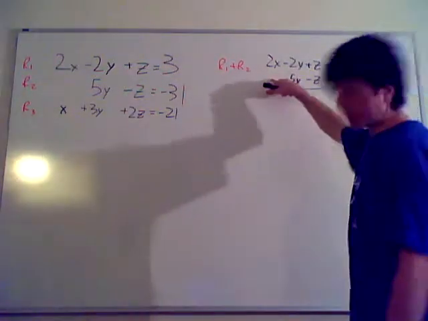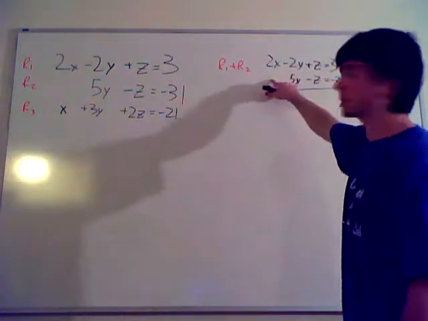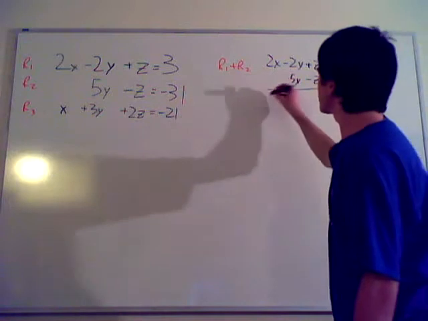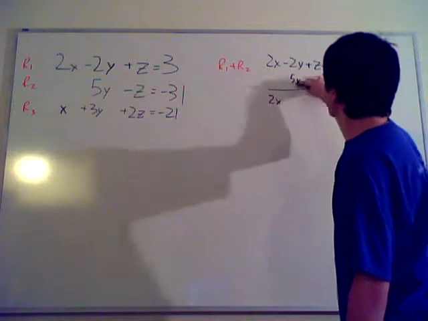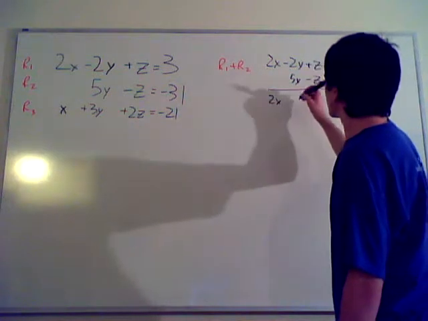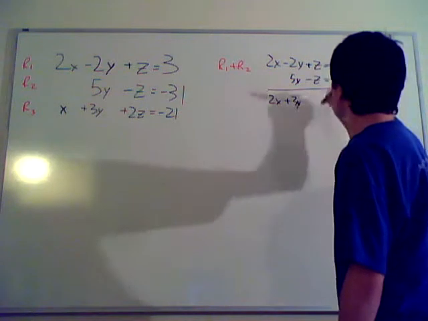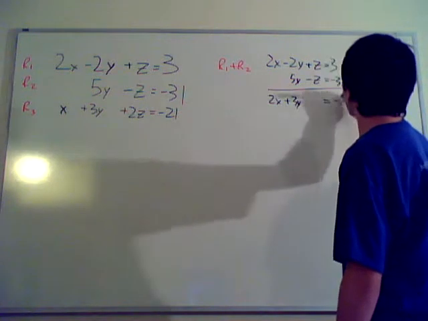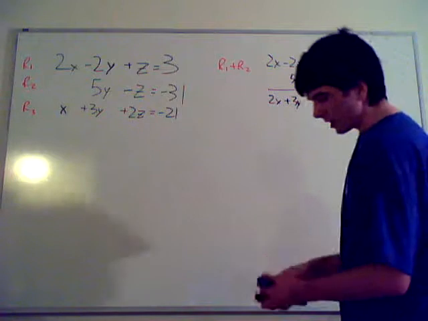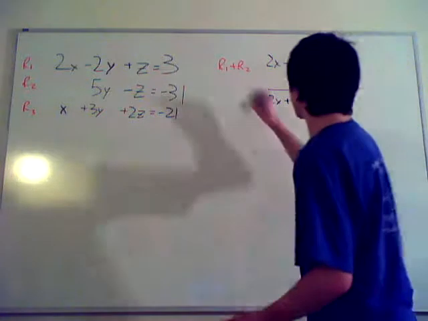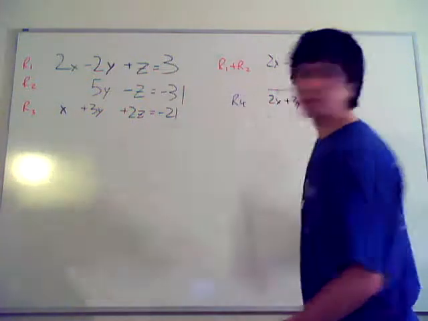So notice we don't have an x in the second row, so that's just 0. So 2x plus 0 is 2x. Negative 2y plus 5y equals 3y. Z minus z is 0, and that equals negative 28. Okay? So now I'm going to call this R4. Okay?